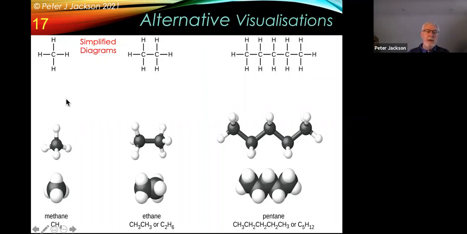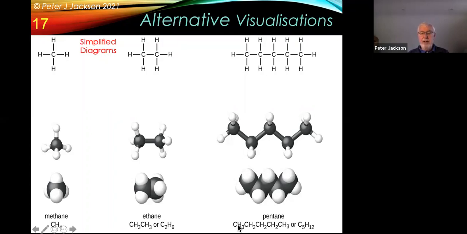Now, if I had to use a model, that's what the methane would look like. 1 carbon and 4 hydrogens, that's a tetrahedral shape. Ethane is CH3, CH3, so we can write it as CH3CH3, or we can write it as C2H6. If we go up to pentane, it's a straight chain carbon atom molecule, but of course it's not straight chain, it's actually zigzag, but we draw it as a straight chain because that's a 2-dimensional representation.